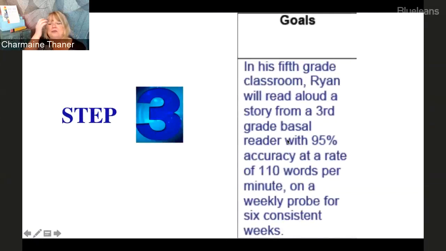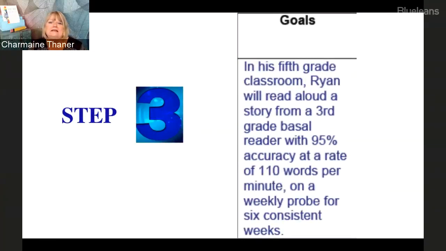And so again, at the beginning, you're going to be building your case. You've talked about strengths, you've talked about needs, and then the next step, let's go back to the PowerPoint, is step 3, where you're going to look at the goals.